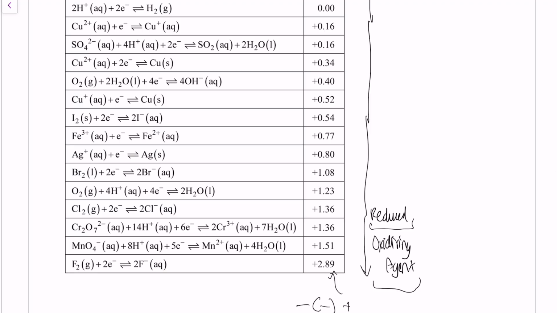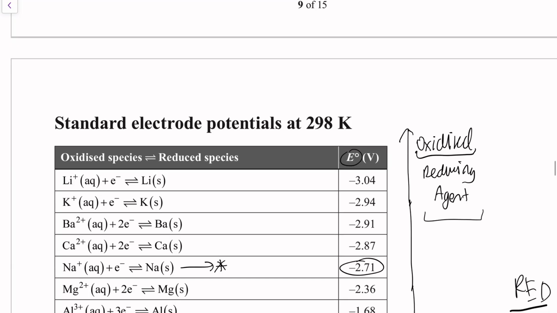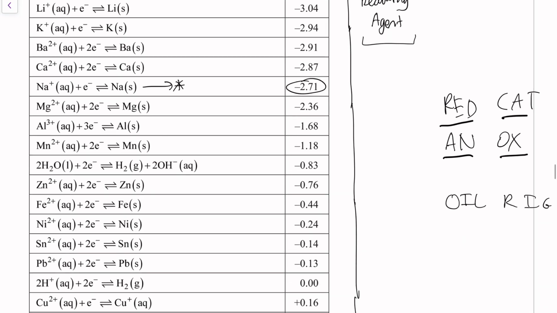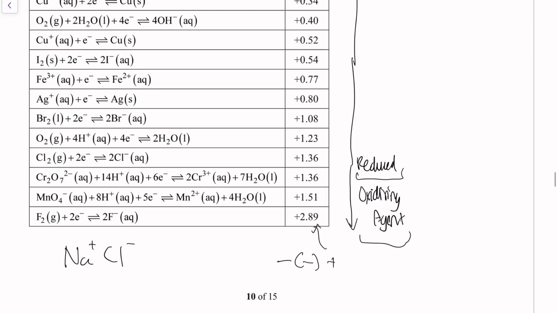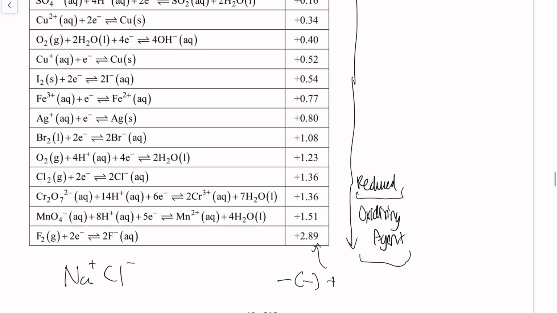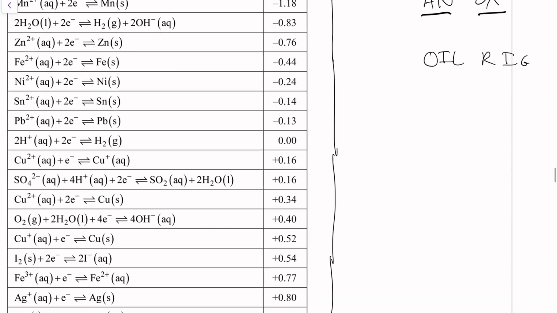Because if you think about NaCl, we have a Na plus and a Cl minus. So that's why Na is getting oxidized, which is up at the top, whereas Cl is at the bottom, and it's a negative there. So that's another way to remember it as well.